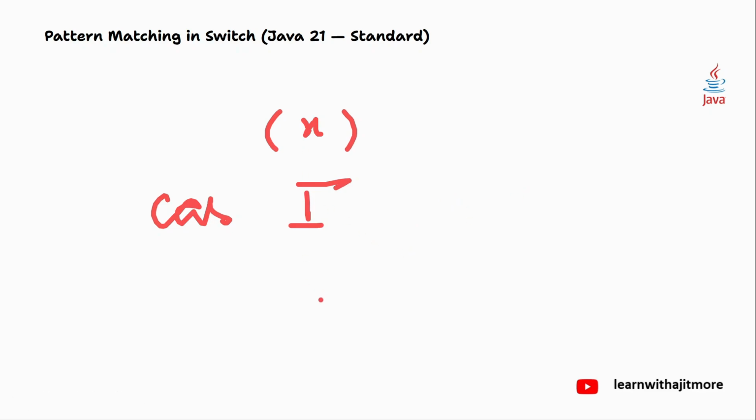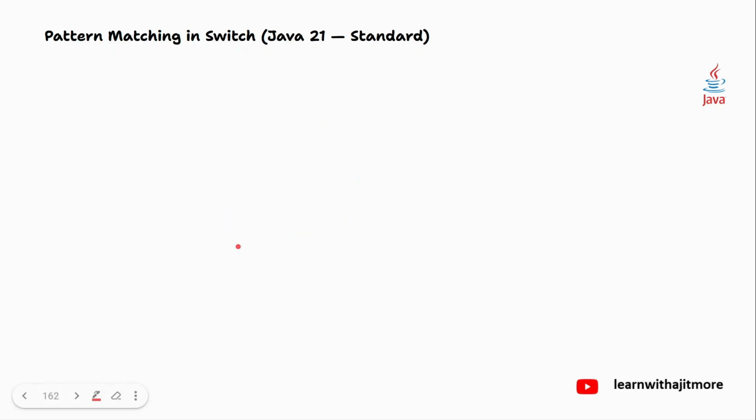If it is of type Float, then do this. But Integer means capital I, wrapper. Wrapper object means it is an object. Object means non-primitive, reference category. They all are on the heap. Okay? So this way also you can do.